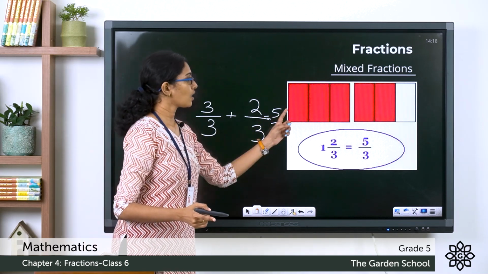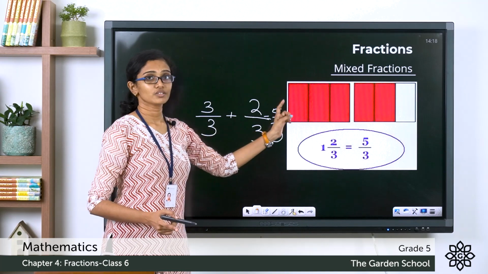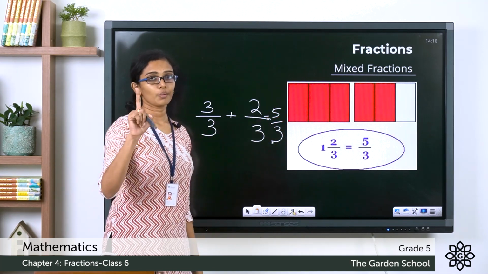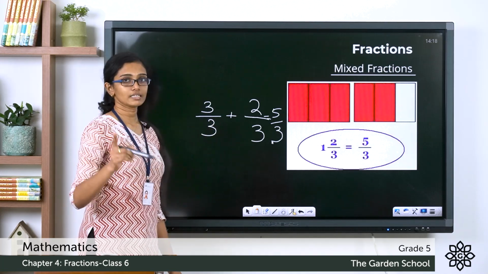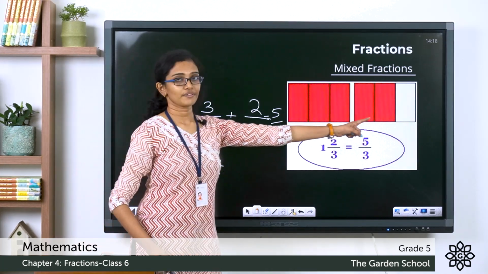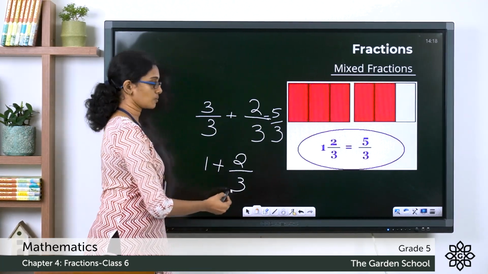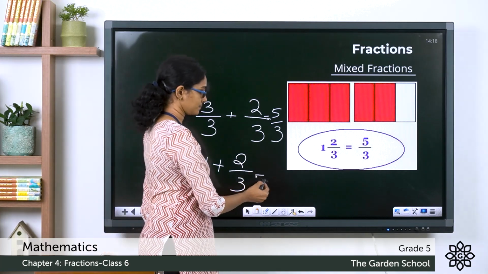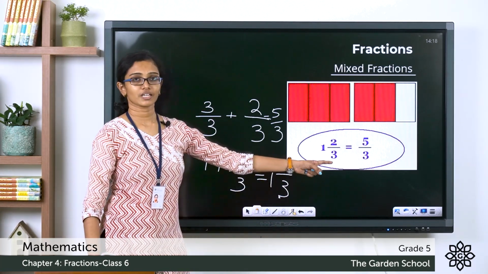Here, all three equal parts are colored, so we can take this part as one whole. So I'm going to write this 3/3 as one whole plus this fraction, 2/3. So it is 1 plus 2/3. This we can write as 1 2/3, which is a mixed fraction.